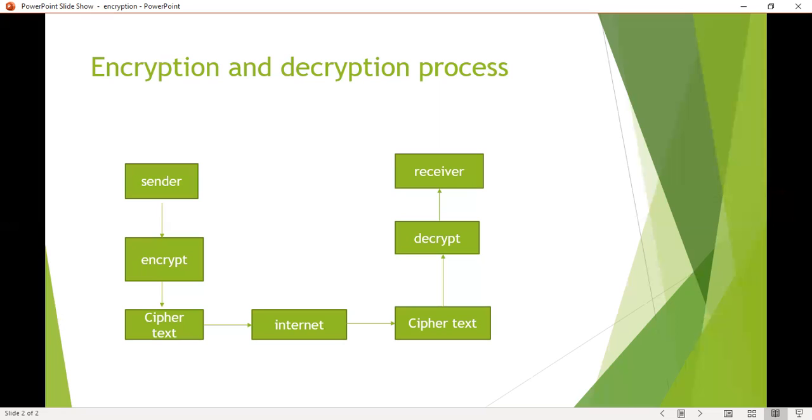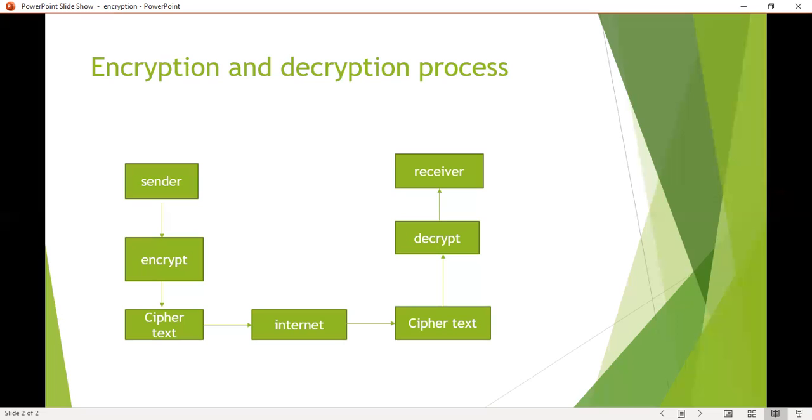In this encryption and decryption process, they use different algorithms to make the message more secure. It is not the case that only a particular algorithm is applicable. They can use multiple algorithms and multiple bit keys to make the algorithm more secure.